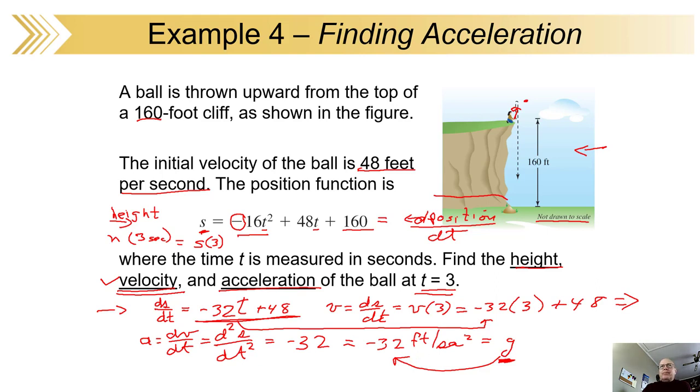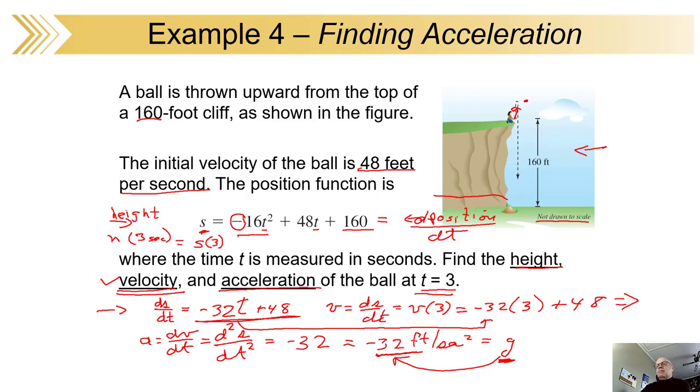If we were several thousand feet in the air, this would be a little bit less, because this refers to the acceleration due to gravity at a certain distance from the center of the Earth, or the center of the mass of the Earth.